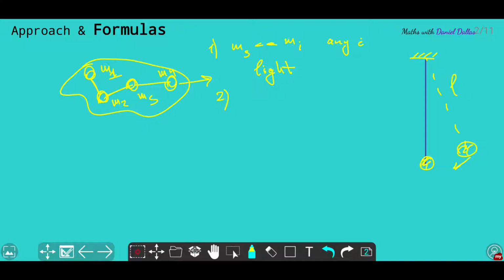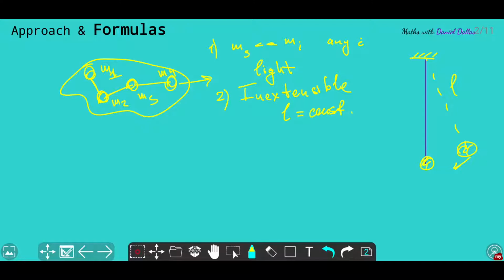That's the same. So we are going to consider the string not only very light, but also inextensible. Inextensible means the length keeps the same, the length is constant. So what does it mean?